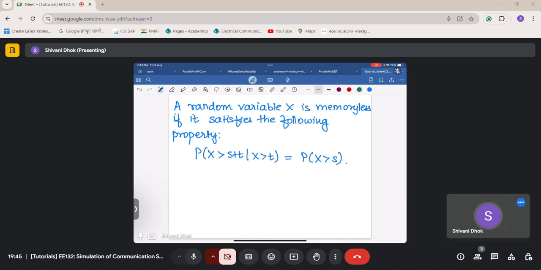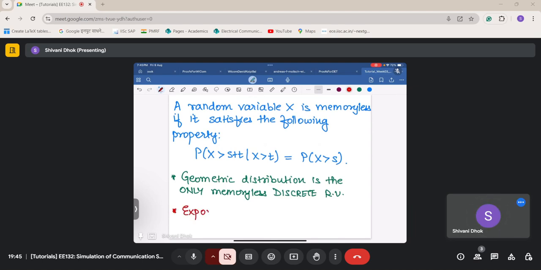Now another interesting thing is, the geometric random variable or geometric distribution is the only memoryless discrete random variable, and the exponential random variable is the only memoryless continuous random variable.